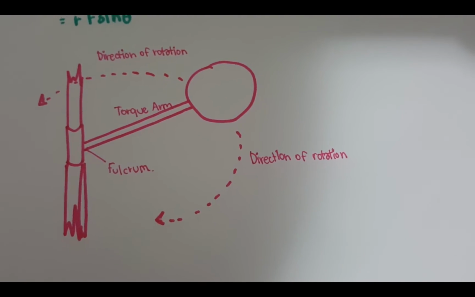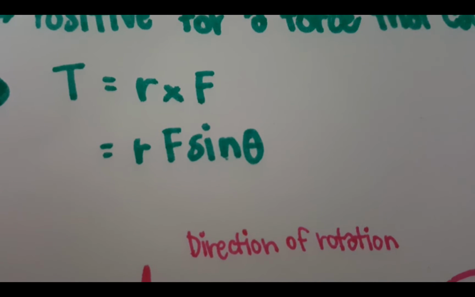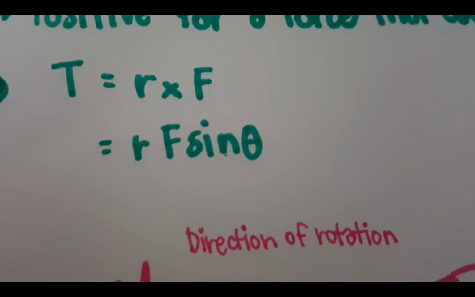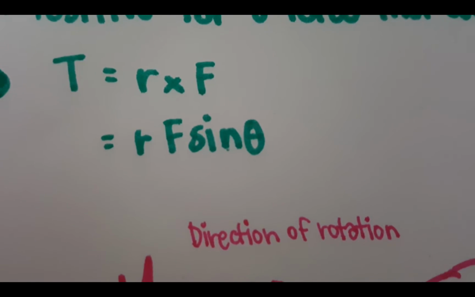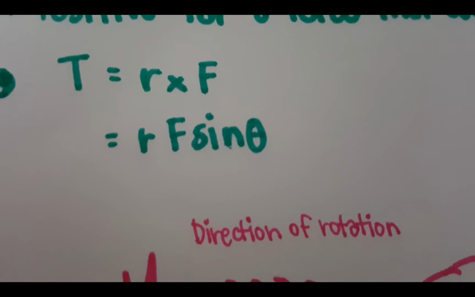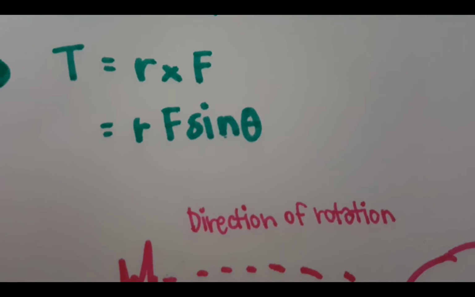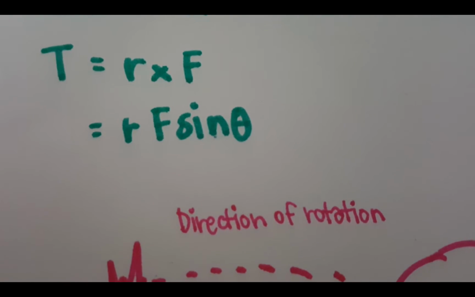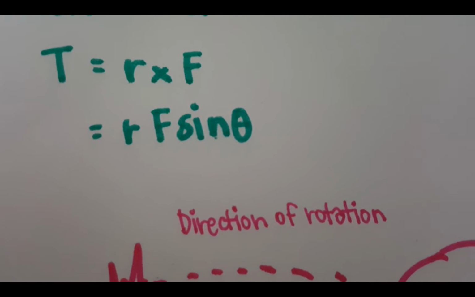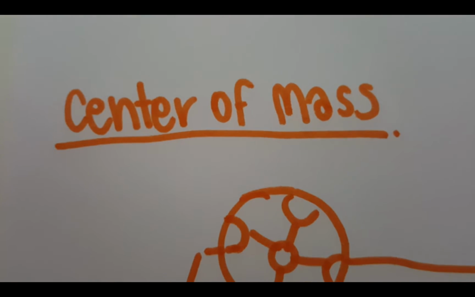So τ equals r times F. r is the distance between the point from which torque is measured to the point where force is applied, τ is the torque and F is the force applied. Its dimensional formula is ML squared T to the minus 2, which is the same as that of work.